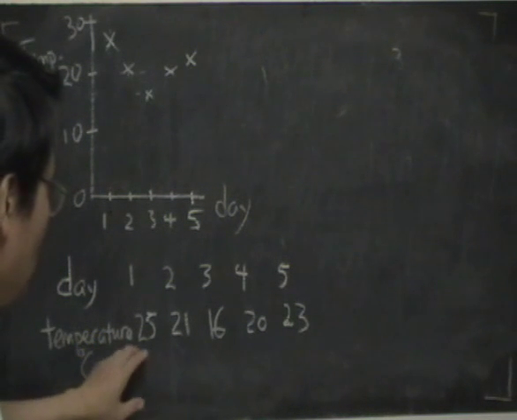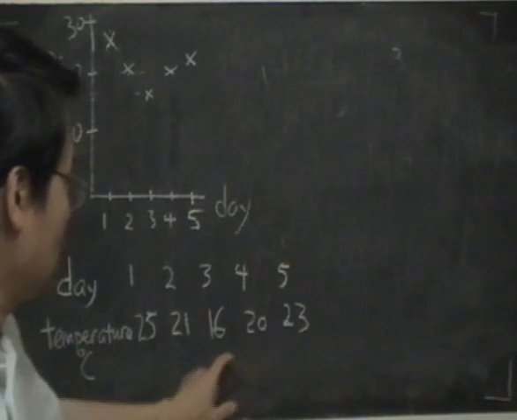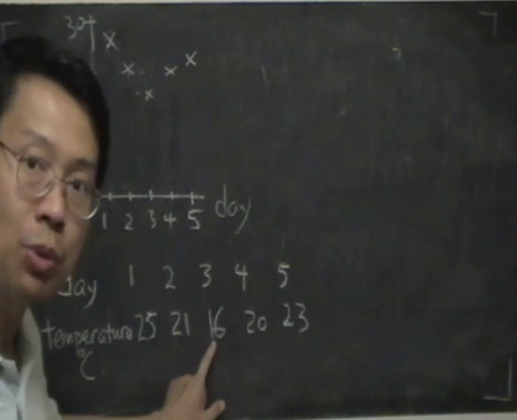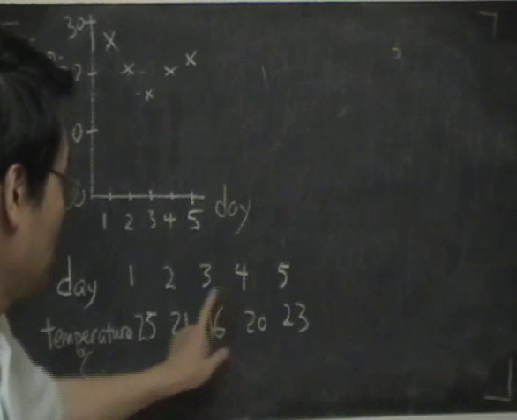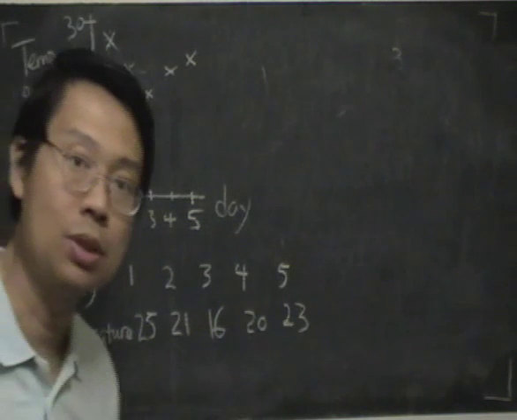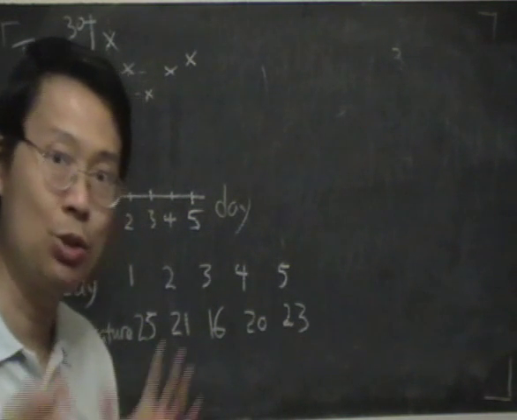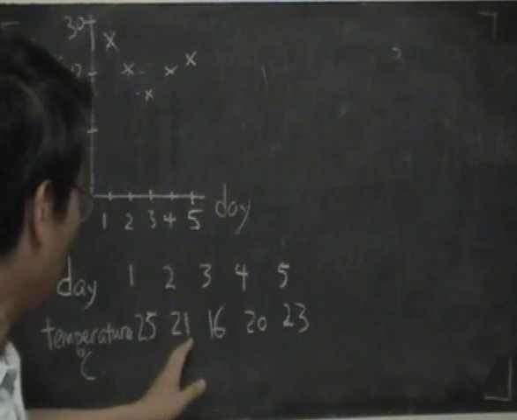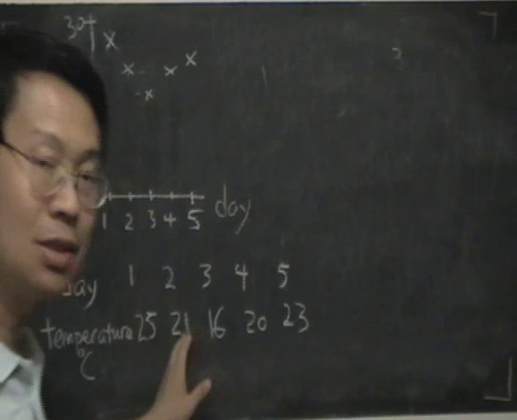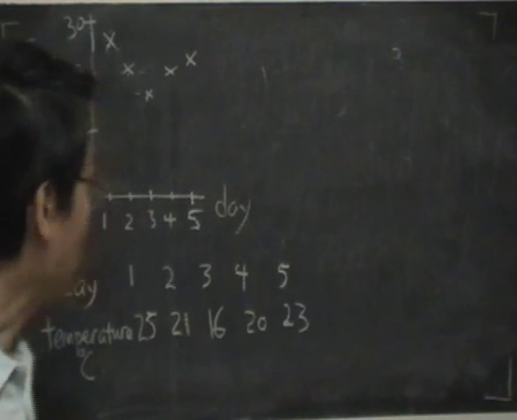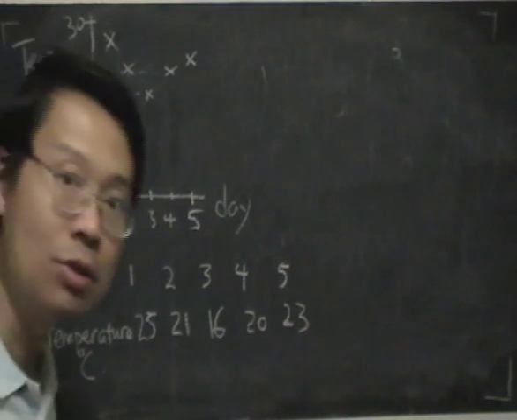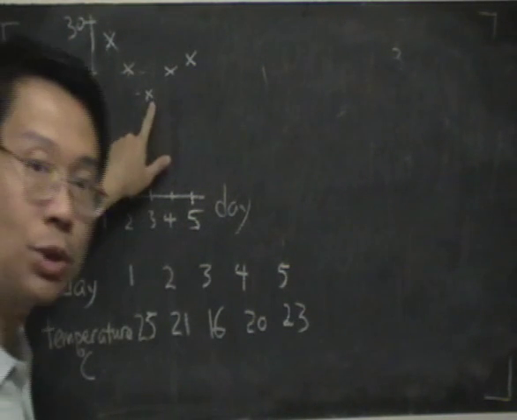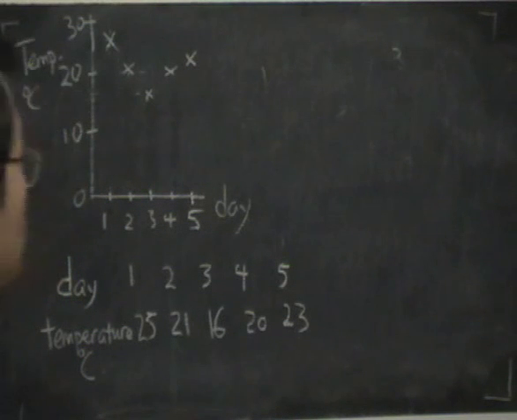Of course, you can look at the numbers one by one and you can still tell that on day 3 the temperature is smallest because 16 is the smallest of all the numbers. But you still have to look at the numbers one by one and think, 21 is less than 25 and 16 is less than 21, like that. If you have a graph, you don't have to think of the numbers. You're just looking at a picture and the lowest point there is the lowest temperature.